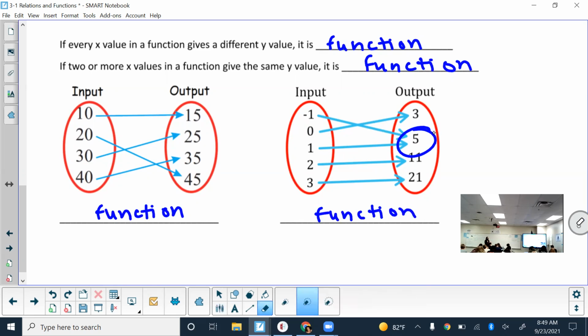They are allowed to have the same y value, but can't have x's that point to two different numbers. All right, questions? Does that make sense? So yes, both functions.